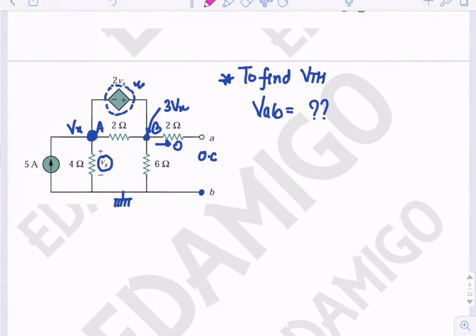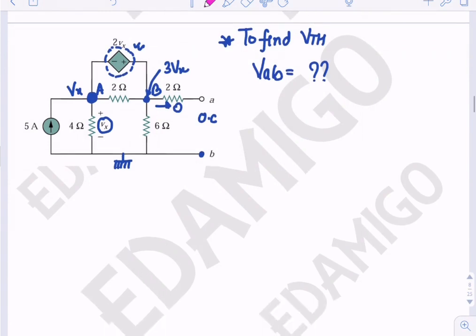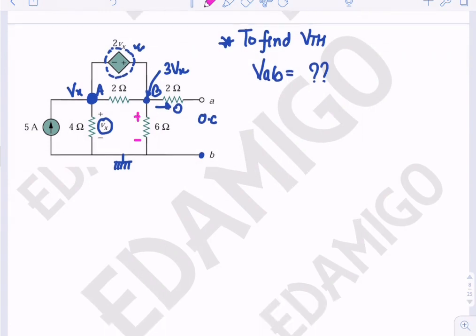Now we can see that the voltage across this is 3 Vx. So the current in this resistance will be Vx by 2, because 3 Vx is the voltage and 6 ohm is the resistance.